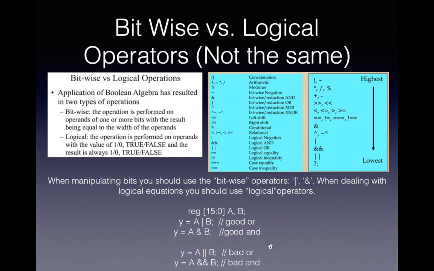At the same time, if you go further down, you see logical AND and logical OR. A logical AND has two ampersands. A logical OR has two bars. The difference is the tools, not only Verilog, but C and Java. When you use a logical operator, it assumes the operands are logical values.